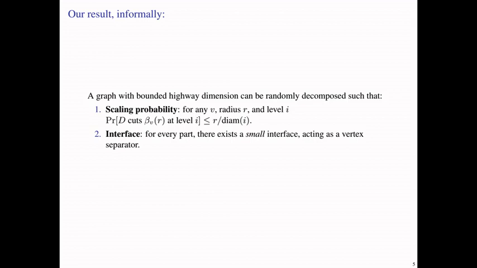A result, very informally, is that a graph with bounded highway dimension can be randomly decomposed such that the following equation is true. I'll let you read it. It's for any vertex V of the graph and radius R and level I of the decomposition.